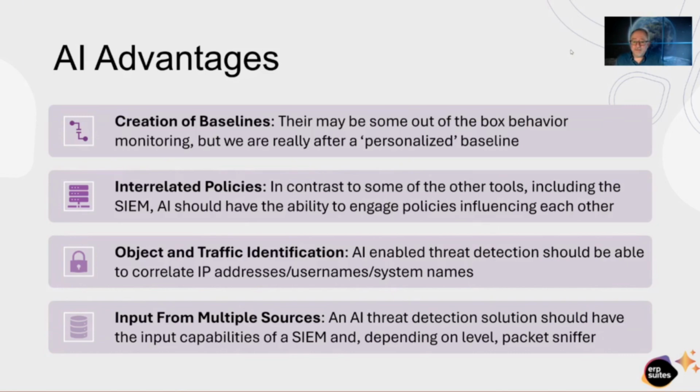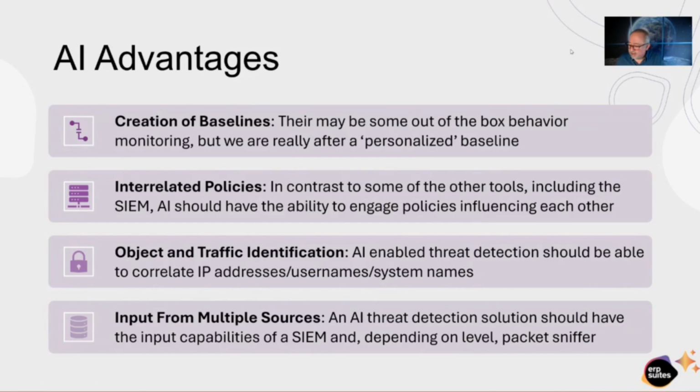So, interrelated policies. This is in contrast to some of our other tools, even including the SIEM, which, as I stated, I do love them and I also love to hate them. But AI should have the ability to engage policies that are influencing each other. So, for example, if you have an AI system that's actually incorporating email as well as network security, we should see a correlation. They should influence each other. Hey, I see this traffic.